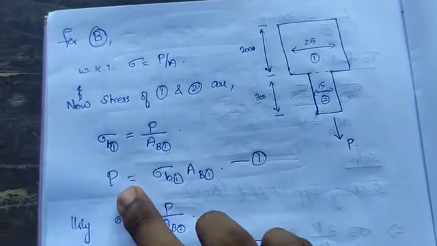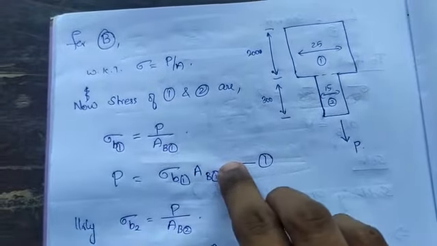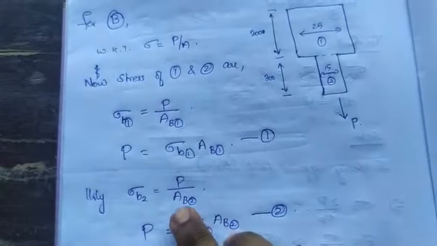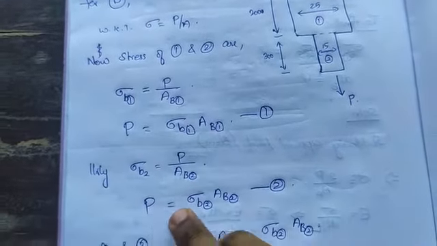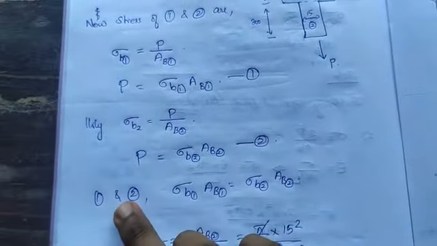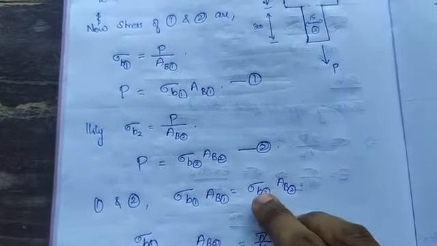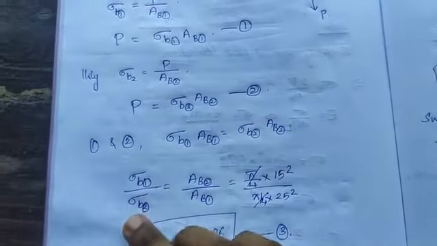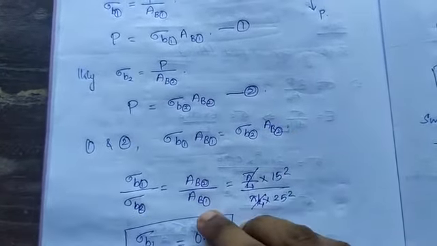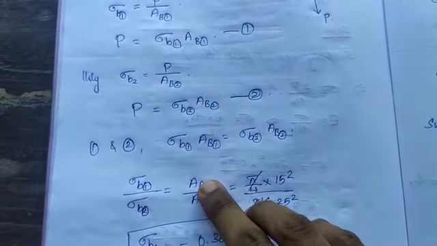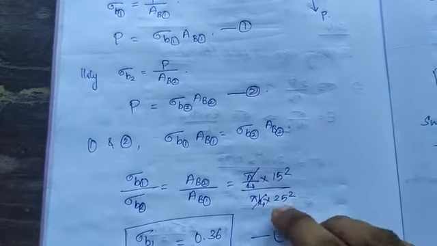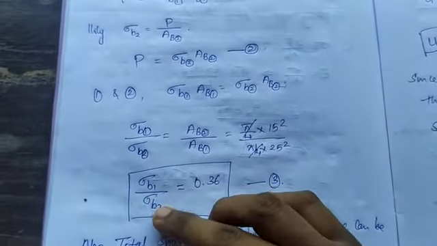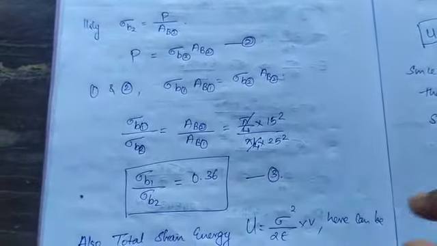Similarly sigma B2 is equal to P by AB2, the same load applied here, so P is equal to sigma B2 into AB2. Equating, sigma B1 AB1 equals sigma B2 AB2, so sigma B1 by sigma B2 equals AB2 by AB1. Each area is pi by 4 into d square, where one diameter is 25 and one is 15. We get a ratio of sigma B1 by sigma B2 equal to 0.36.